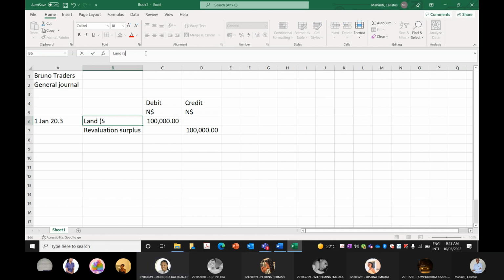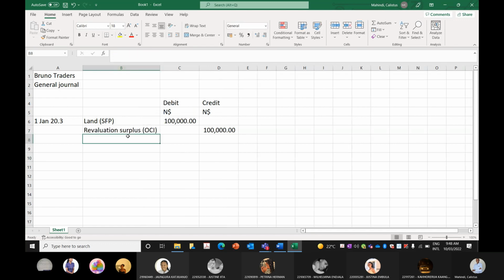Statement of financial position. Revaluation surplus, where does it go to? Other comprehensive income, OCI. It appears in the other comprehensive income section of the statement of profit or loss. And then you just say revaluation of land on.